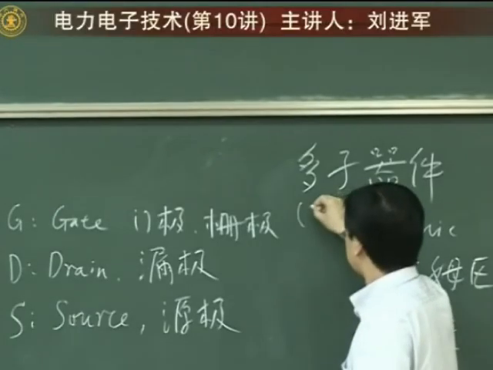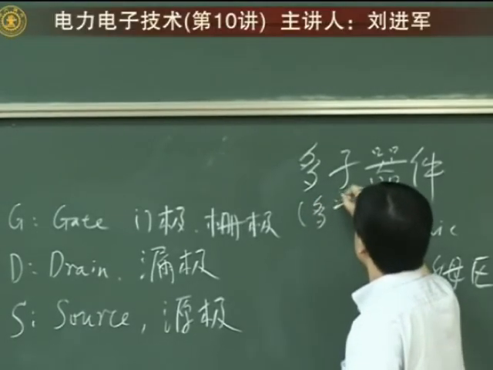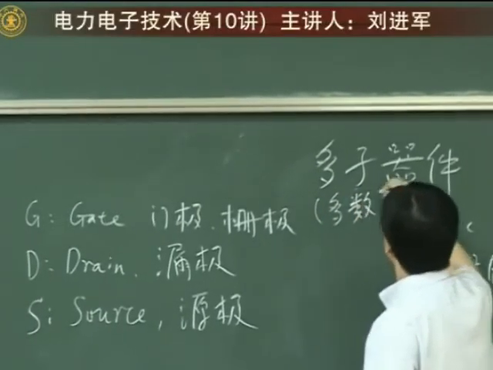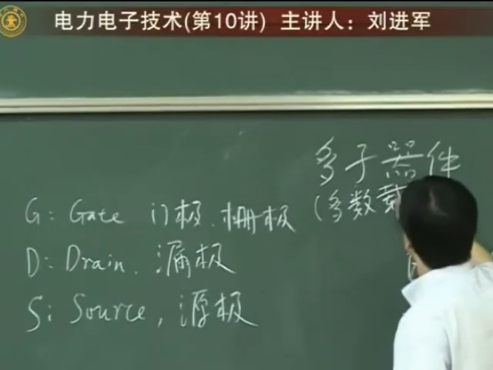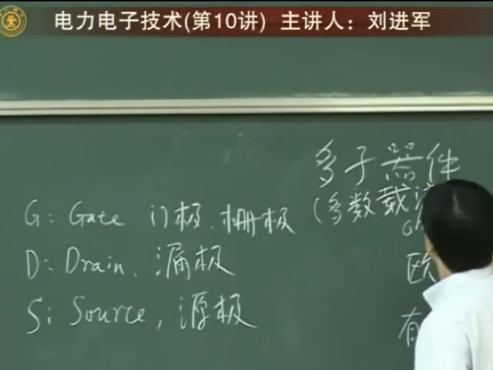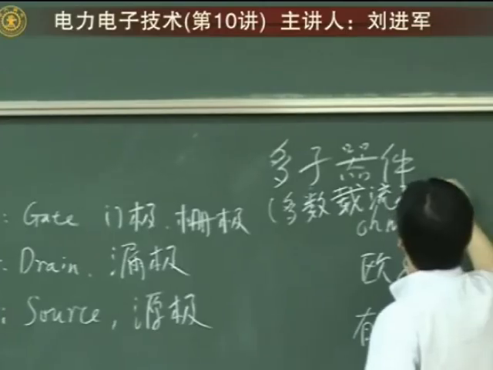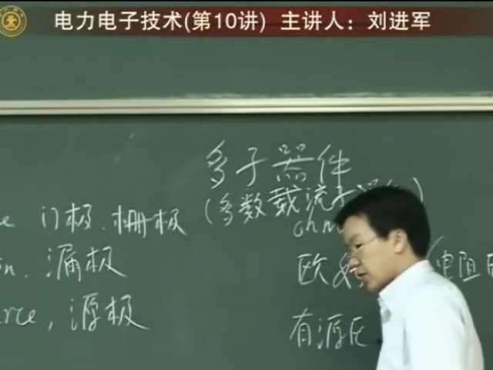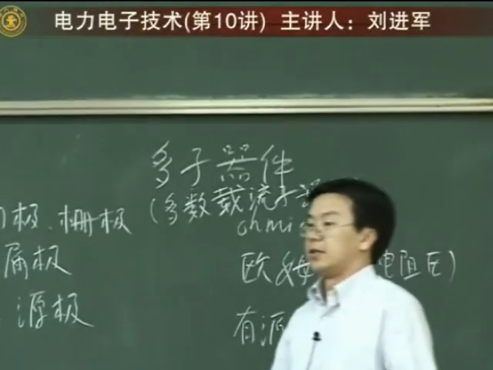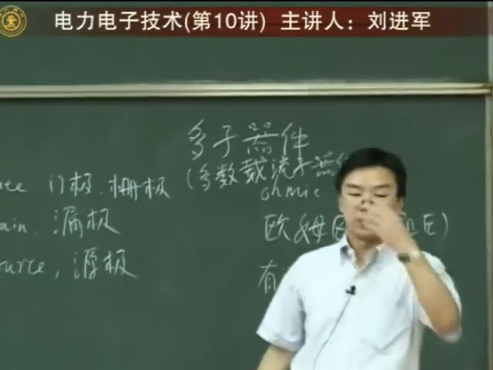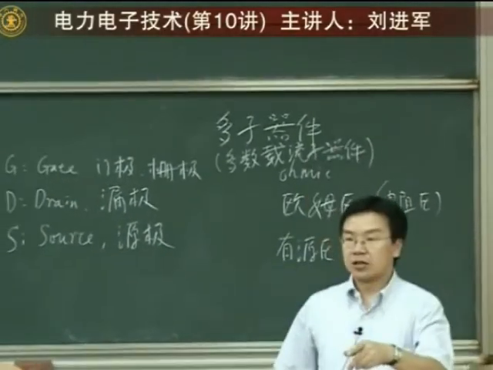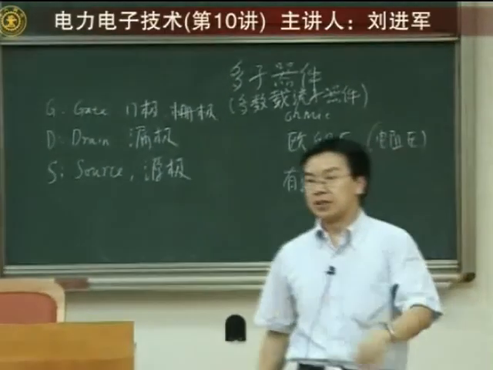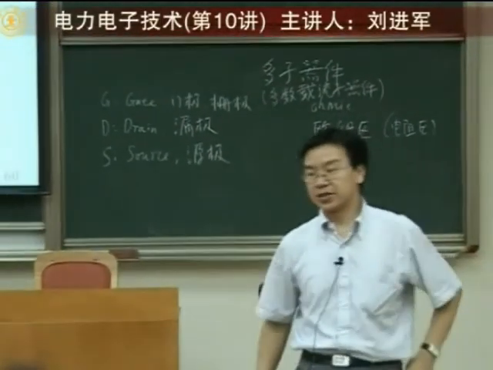MOSFET is a majority carrier device. GTR, transistor, is minority carrier device.